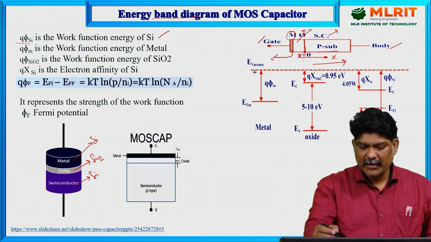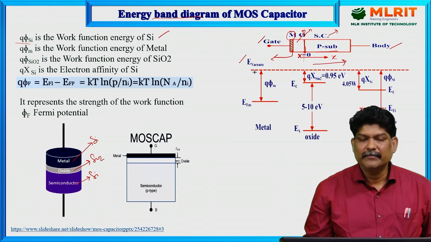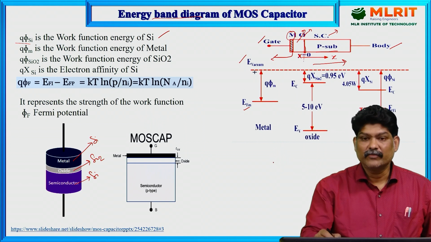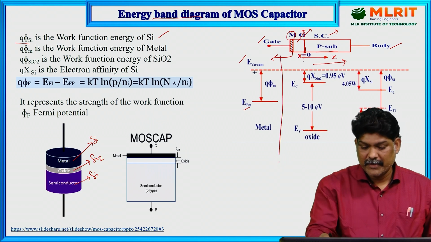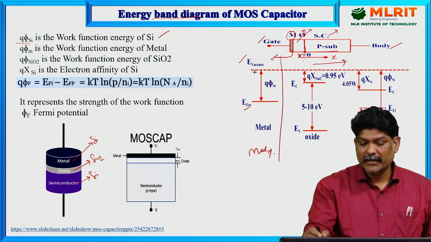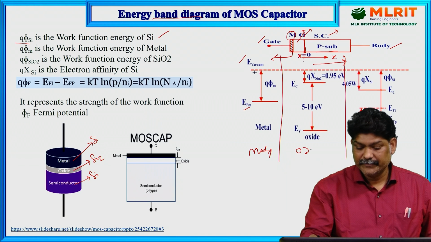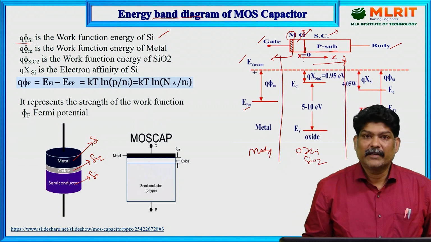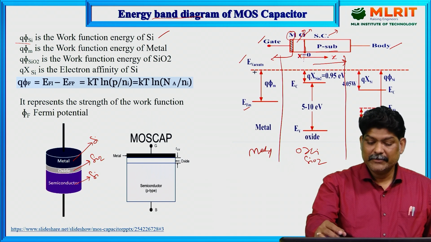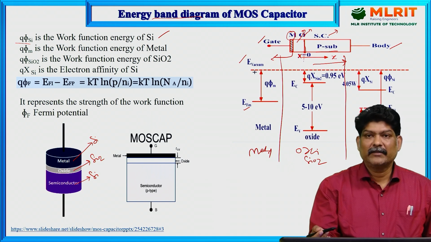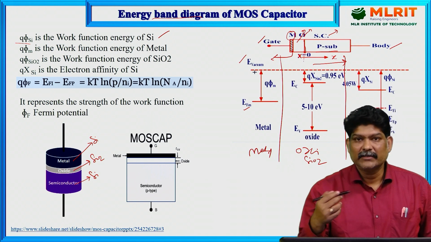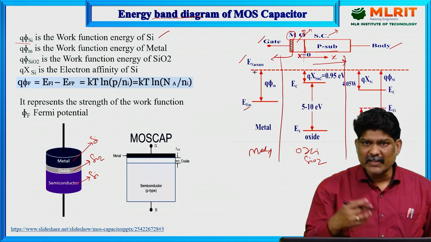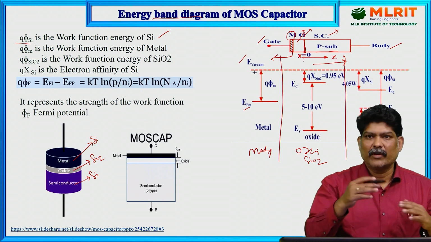So here this is first the vacuum energy level. This is the Fermi level. First we have a metal, then the oxide layer, the SiO2 layer, and the final one is the semiconductor layer. In metals, the conduction band and valence band overlap together.